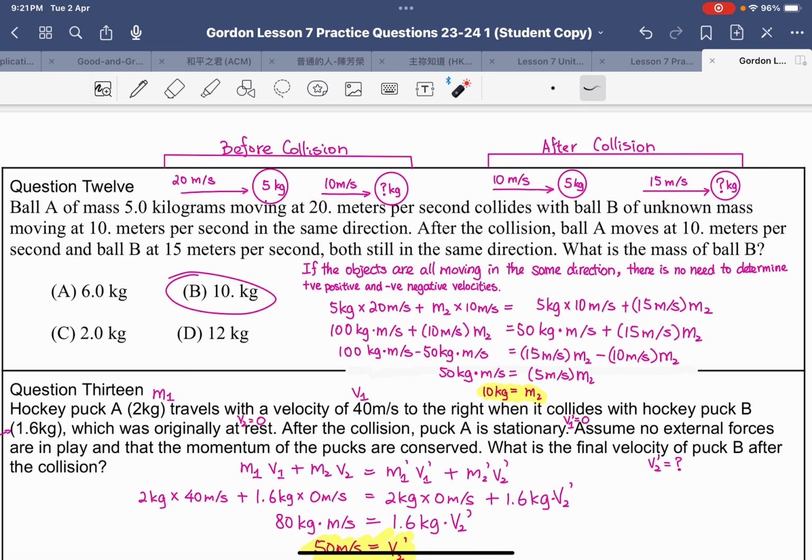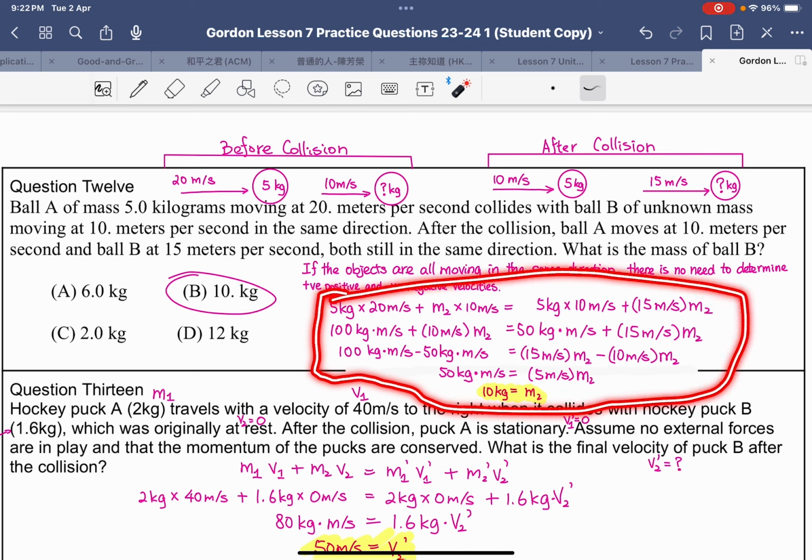And so therefore, we don't have to determine whether the velocity is positive or negative because everything is traveling in the same direction. So I'm going to use the elastic collision equation, and I'm just going to plug in all the numbers. And if you do the calculations correctly, you should have the answer 10 kg.